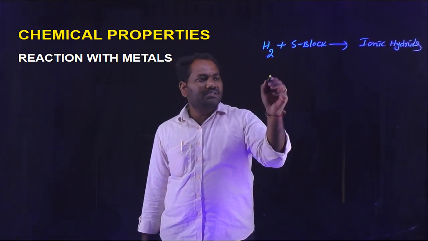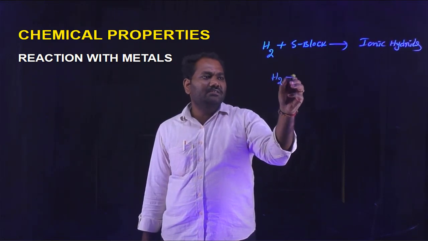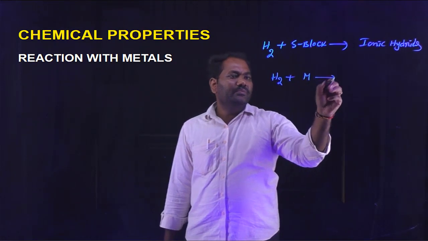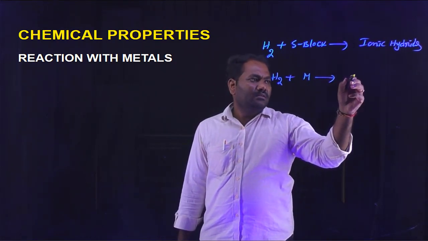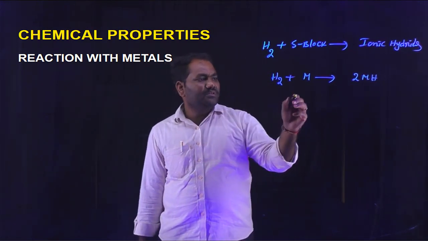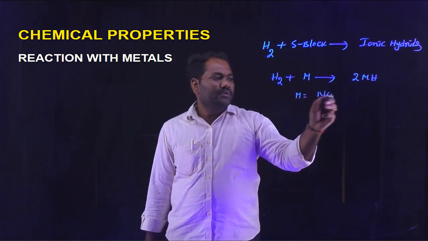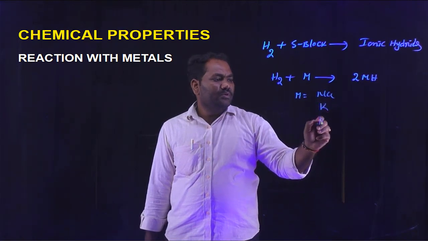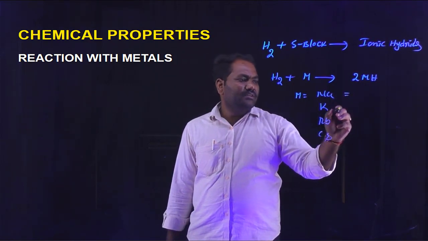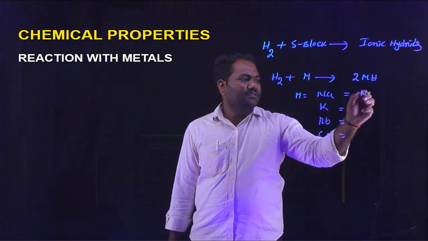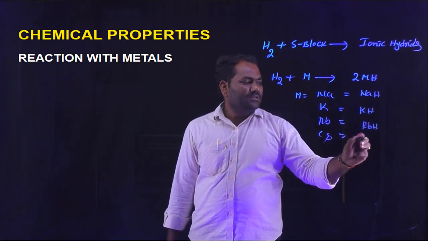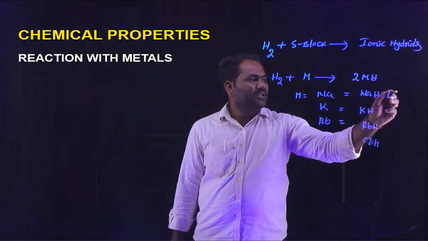The best example is when dihydrogen reacts with first group A elements M to give MH type ionic hydrides. Here M is sodium, potassium, rubidium, cesium. The compounds are NaH, KH, RbH, and CsH, and lithium hydride is also found.